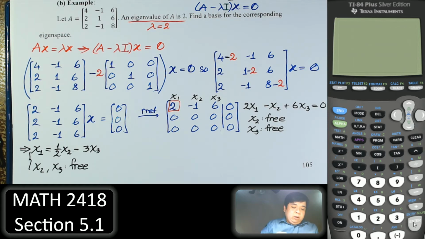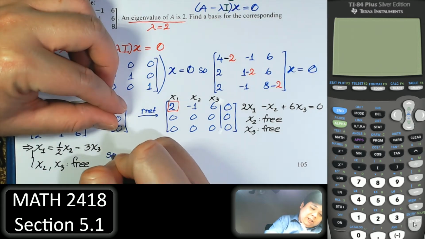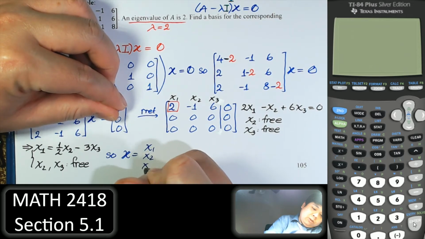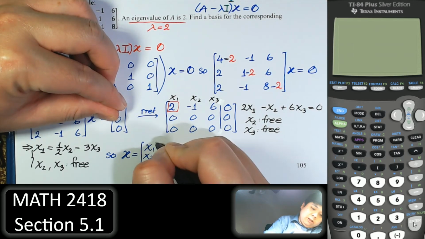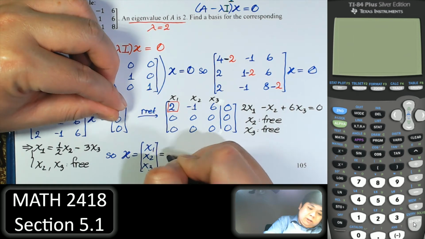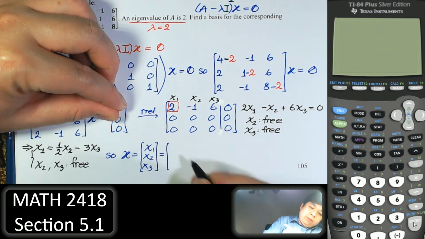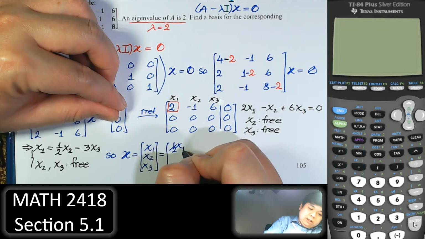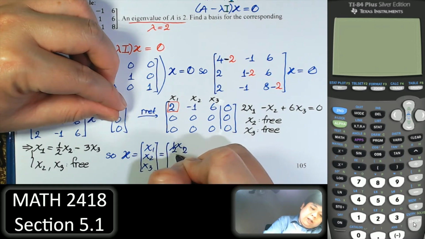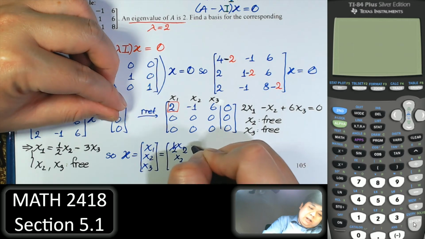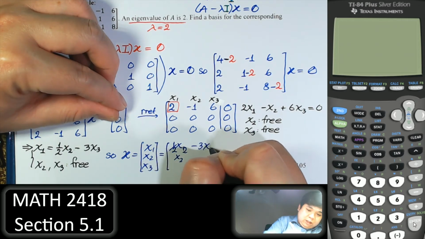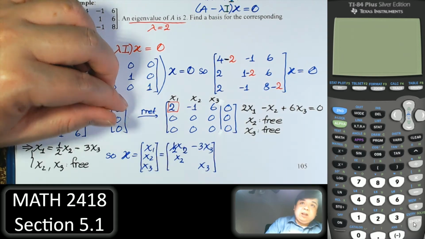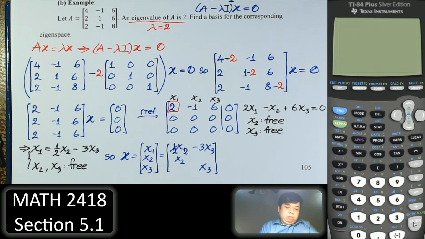So from here we can say x equals x1, x2, x3, which is 1/2 x2 minus 3x3, x2, and x3.